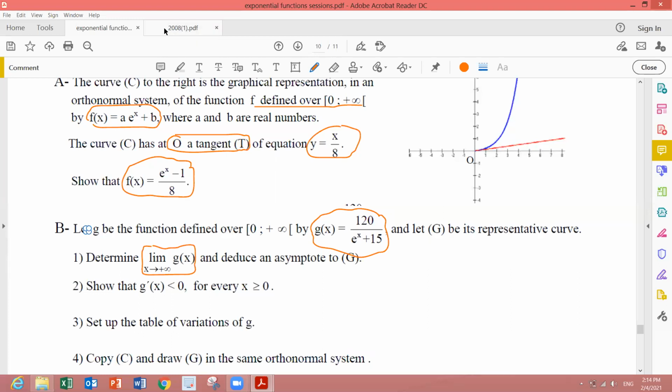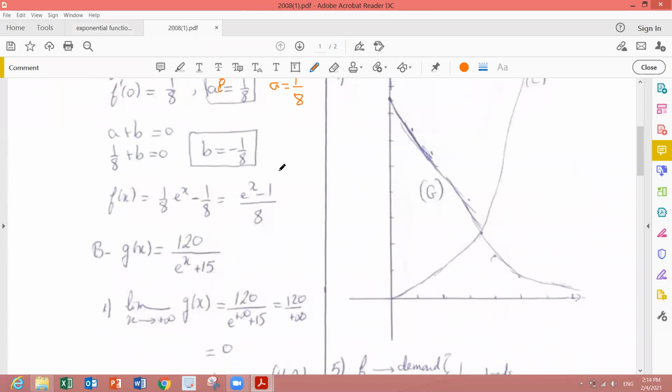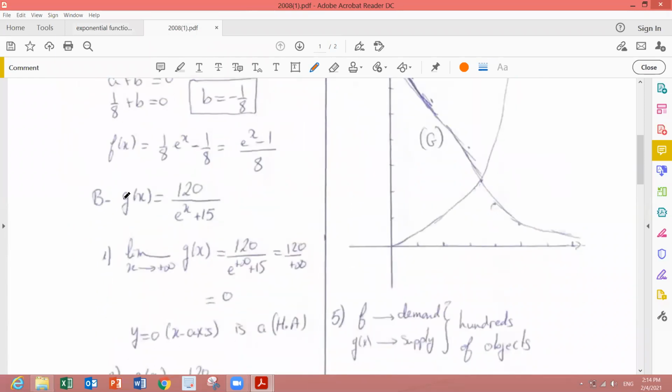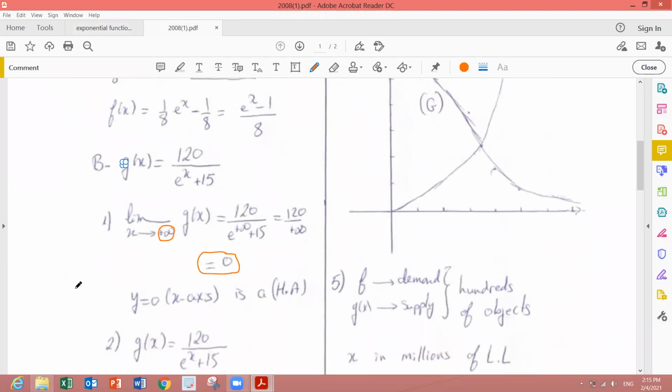So the limit as x tends to plus infinity of g of x equal 120 over (e to the infinity plus 15). E to the infinity is infinity, and 120 over infinity is 0. So x tends to infinity, y tends to 0, then y equal to 0, which is the x-axis, is a horizontal asymptote.